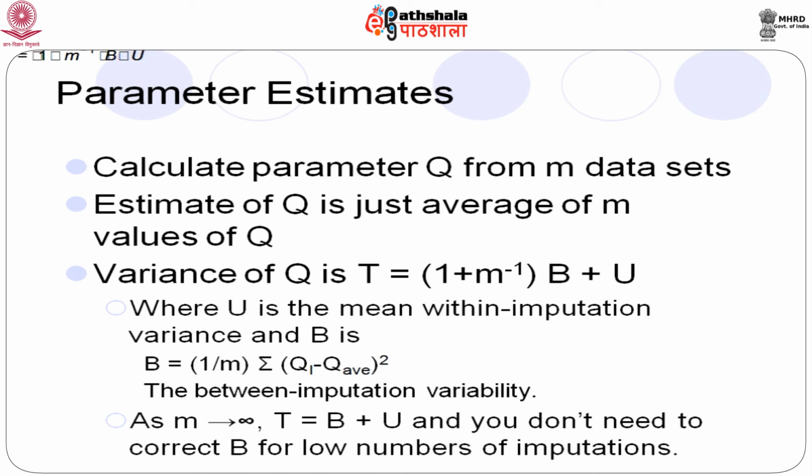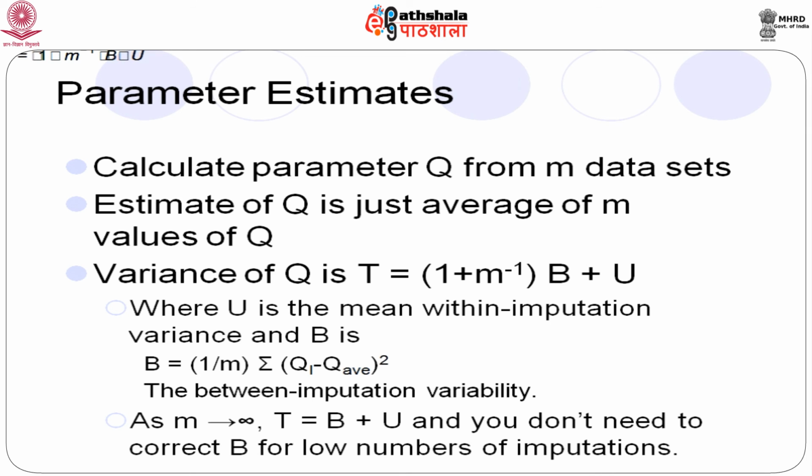I said that there are M sets in multiple imputation, blocks of generations for every missing observation and the parameters. So suppose there are M data sets generated this way.